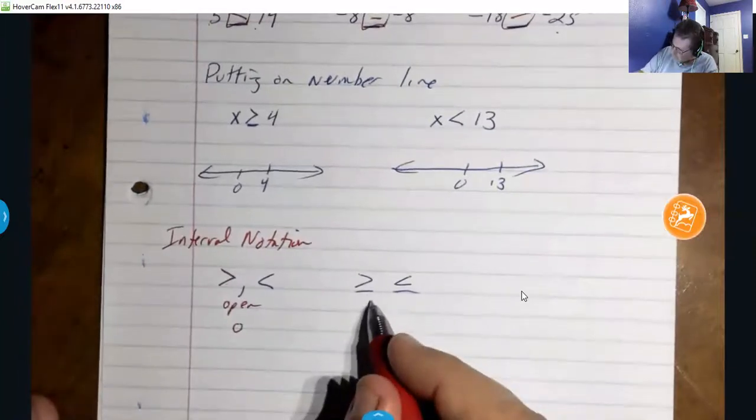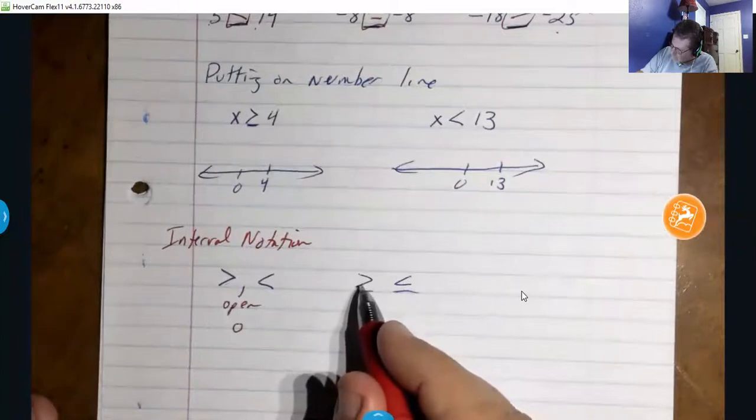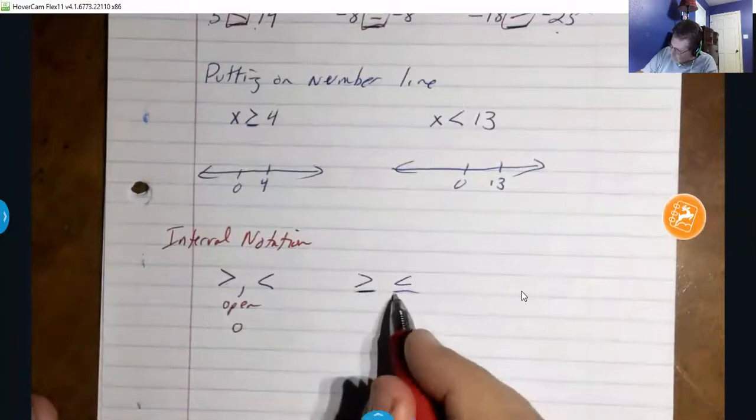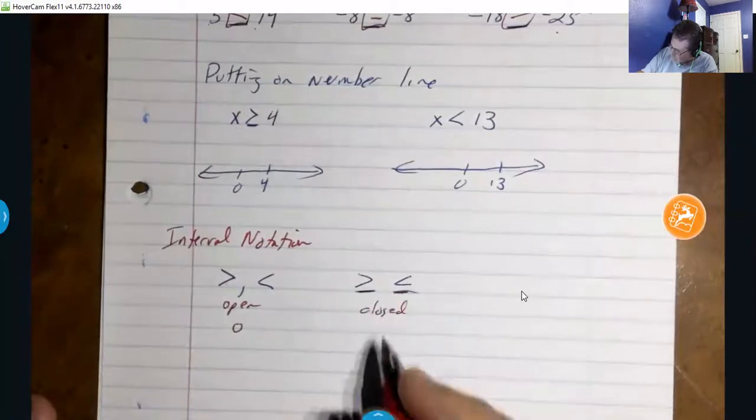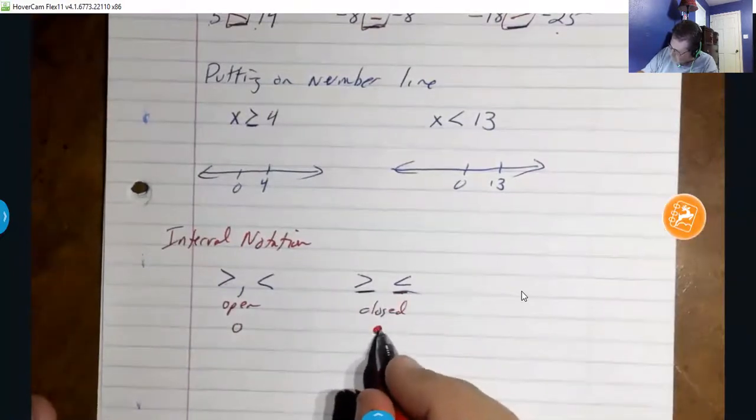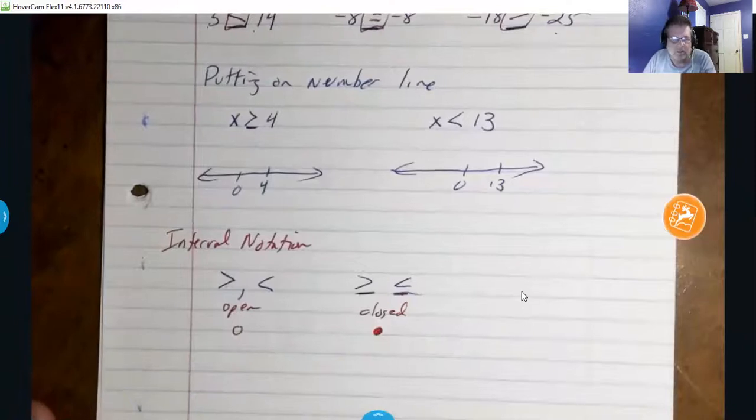If it was with the line underneath, we would call that closed, and you would use a filled in dot. That was a way a lot of high schools and elementary schools and middle schools would do that, okay?